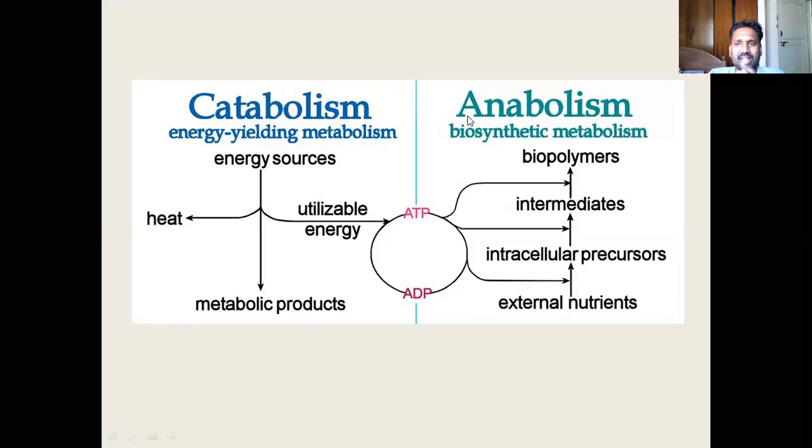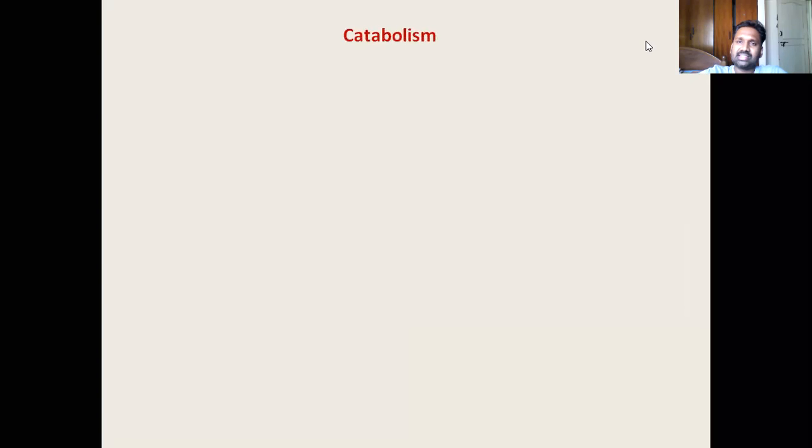Before that, as I told you, catabolism is energy yielding pathways. So whenever there is a compound which gives energy, scientifically we can calculate how much energy is liberated from that, and the answer is called the calorific value. So even glucose, oils, lipids are also called fuel molecules. For life engines, they are fuel molecules, similar to petrol and diesel being fuel compounds for your vehicles.